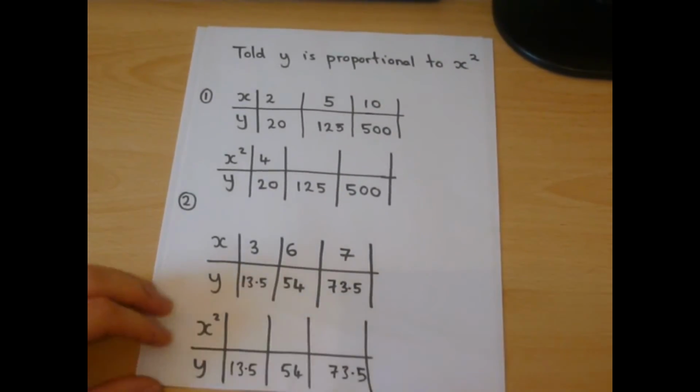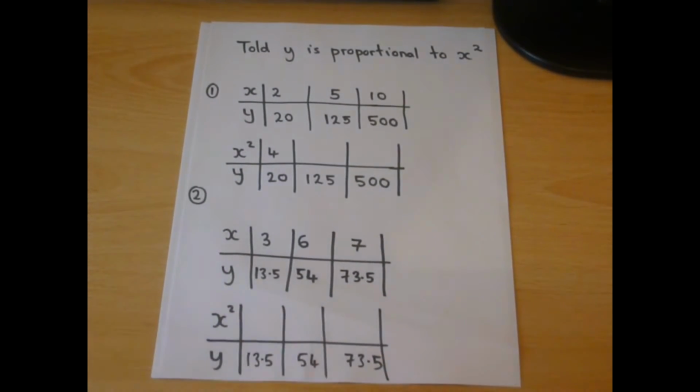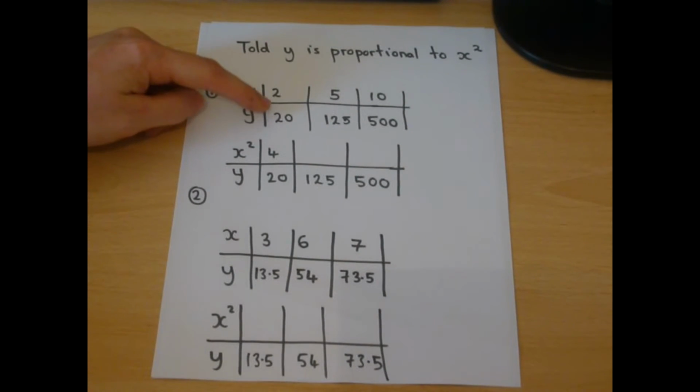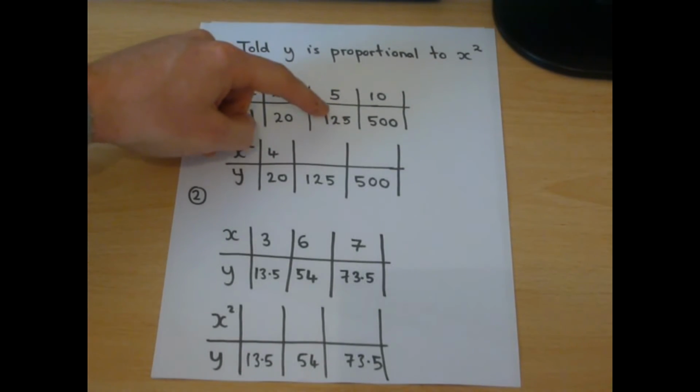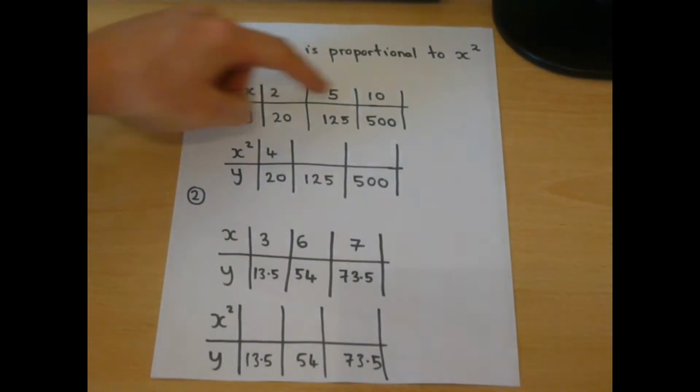This is very similar, but sometimes they can be called a non-linear pattern, which is where y is proportional to, for example, x squared. And you're given a table with x and y in, and if you do 20 divided by 2, you get 10, but 125 divided by 5 isn't 10, and that certainly isn't 10 either.